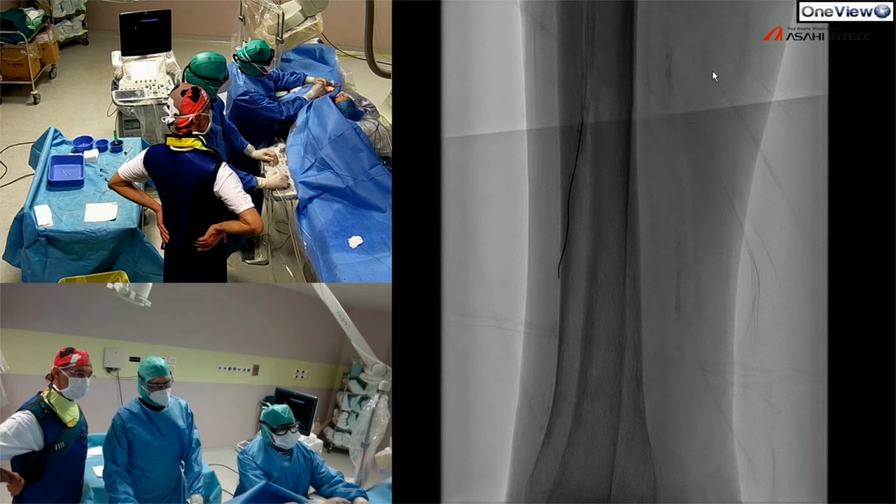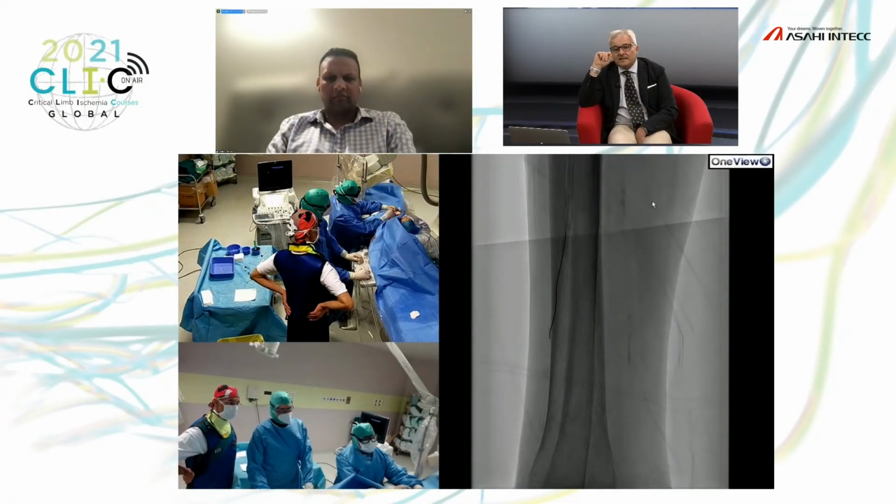I don't know if I can underline this aspect, but sometimes when you are using aggressive wires, so CTO wires, and the tip of the wire goes out of the vessel, especially in the calcium, when you decide to retrieve the wire, you feel resistance, like the tip remained entrapped in the calcium. So you pull, but there is resistance. With this wire, this kind of feedback was very, very poor.